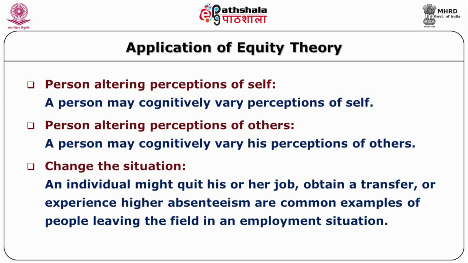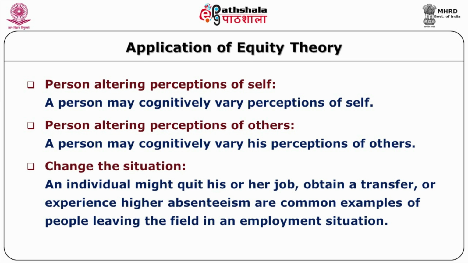The fifth inequity reduction method. Change situations. If a person who perceives inequity feels that he cannot alter inputs or outputs, or change perceptions of self or others, the person may change the situation by quitting his job, changing his or her job, or remaining absent from his workplace.